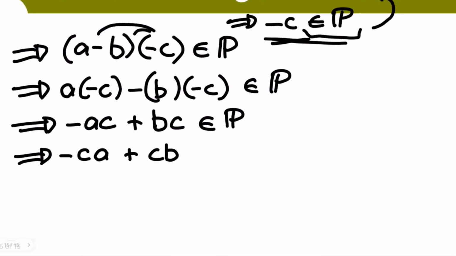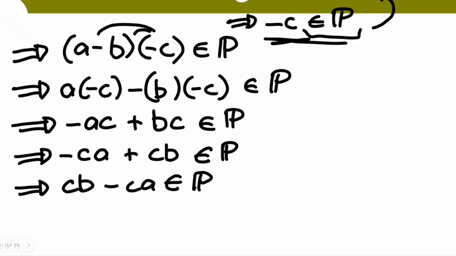Still a positive real number because we're just interchanging the coefficients. And then I'm going to use the commutative property of addition as I interchange now the terms, no longer the coefficients. I have here CB minus CA is an element of the set of positive real numbers, or plus negative CA, which is still minus CA.